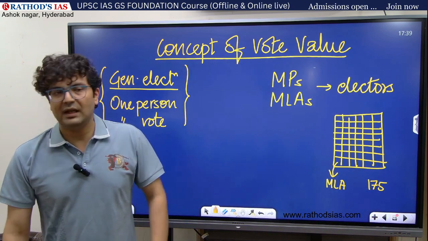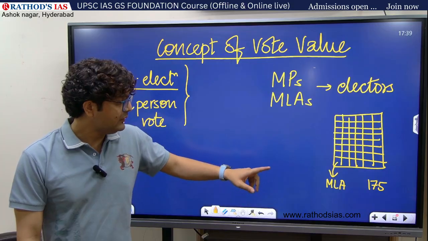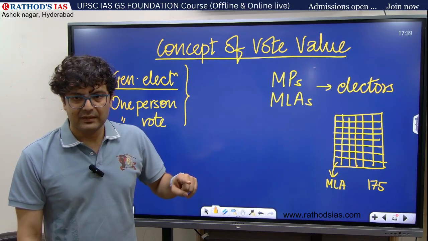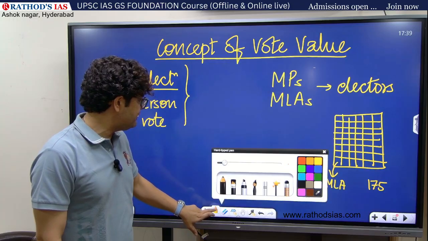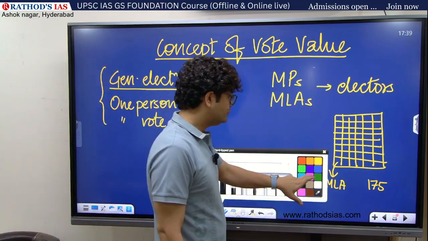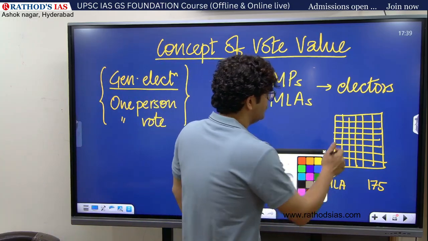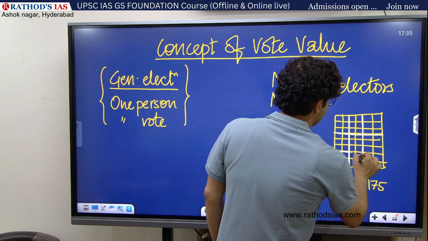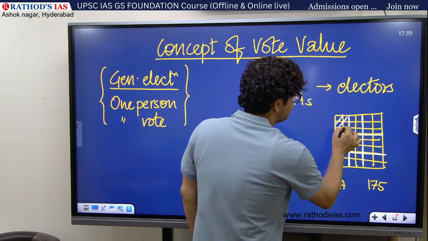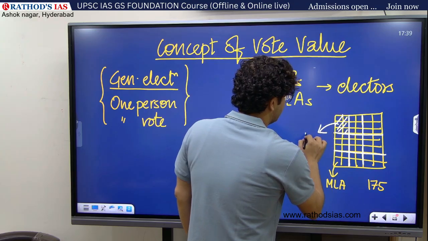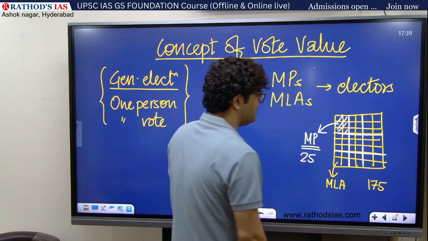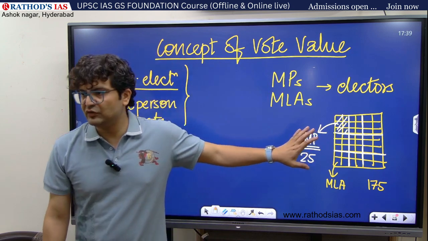Clear? Telangana has 119. But when it comes to MP, the same state has how many MPs? 25. So your state is divided into just 25 parts, and from each part people vote and choose one MP because you have 25 MPs. Are you clear on this point so far?